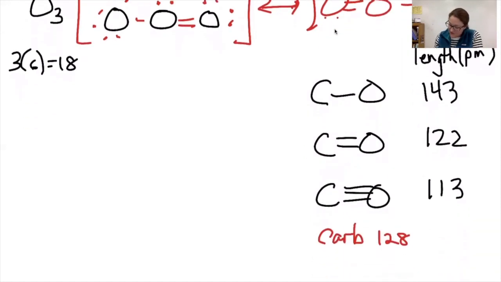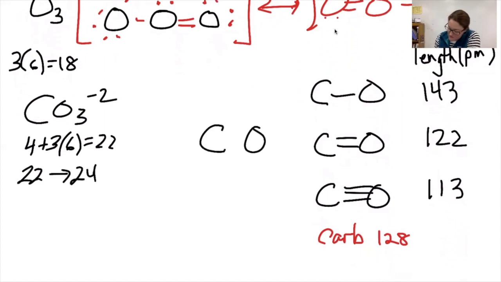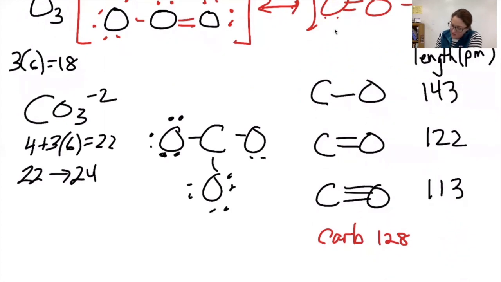So let's consider the carbonate ion, CO3 2-. I have a total of 24 electrons to use. And when I make the structure, starting off with single bonds: 2, 4, 6, 8, 10, 12, 14, 16, 18, 20, 22, 24.